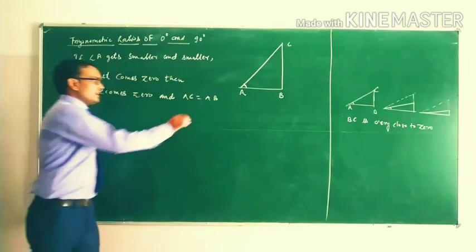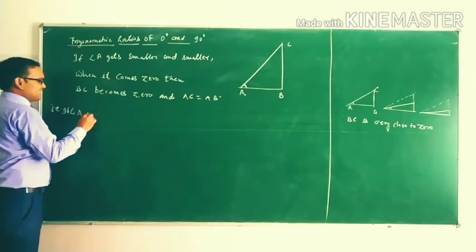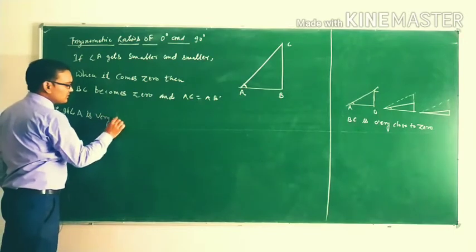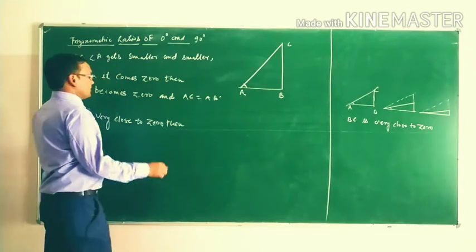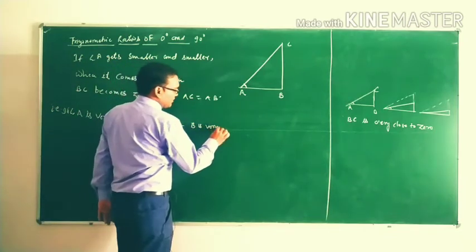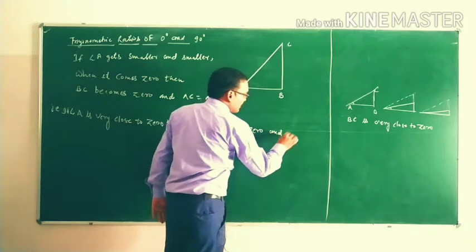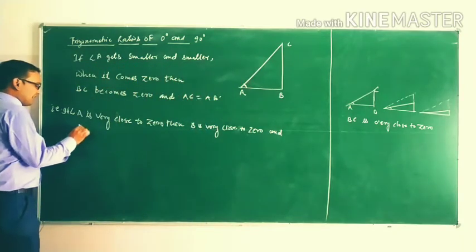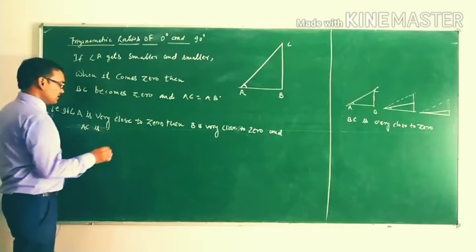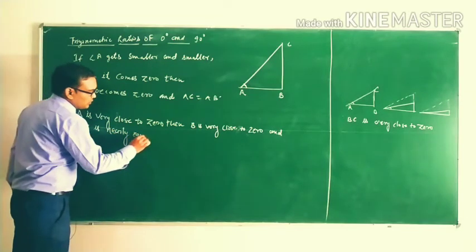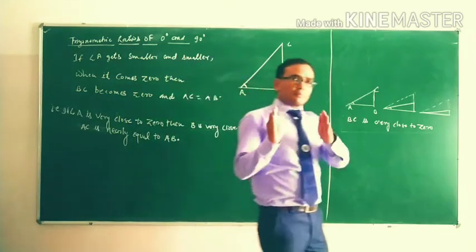That means students, if angle A is very close to 0, then BC is very close to 0 and AC equals AB. That means AC is nearly equal to AB.